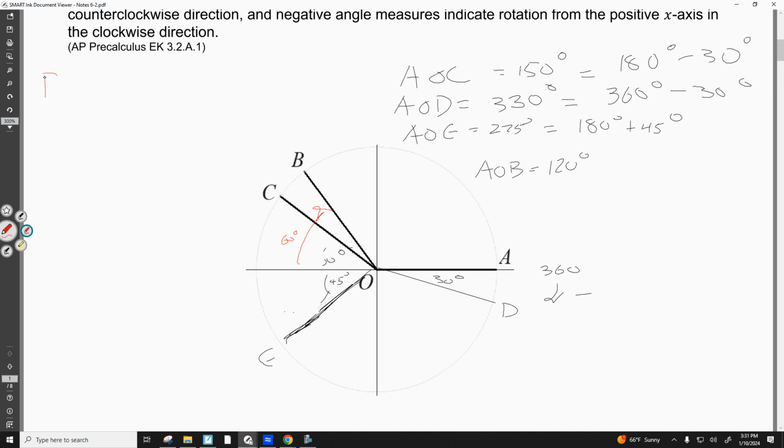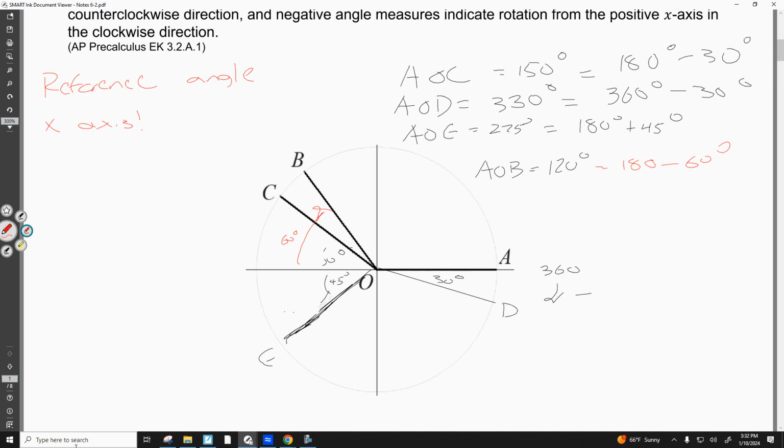A reference angle is the angle created in reference to the x-axis. AOB, I would say, is 60 degrees less than 180. Cool? Cool. Where's the x-axis? It's either 0, 180, or 360.